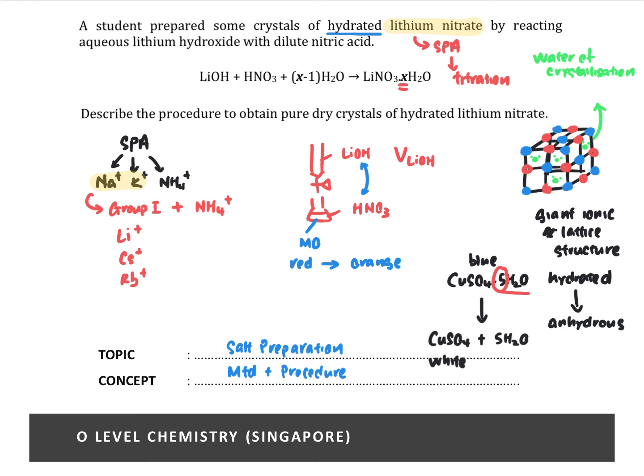In the event where I place lithium hydroxide in the conical flask, then the color of the indicator would change from yellow to orange. But both methods would work, whether you put the hydroxide in the burette or the conical flask.